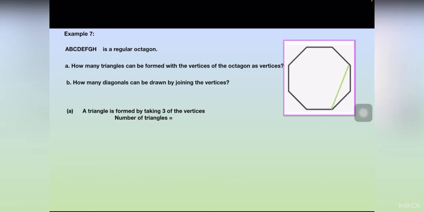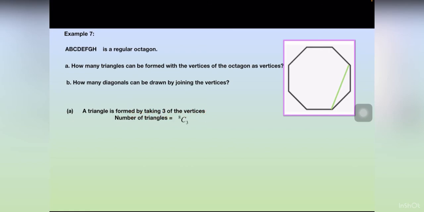For example, if we join the vertices of the octagon like this, we have one triangle. So a triangle is formed by taking 3 of the vertices.